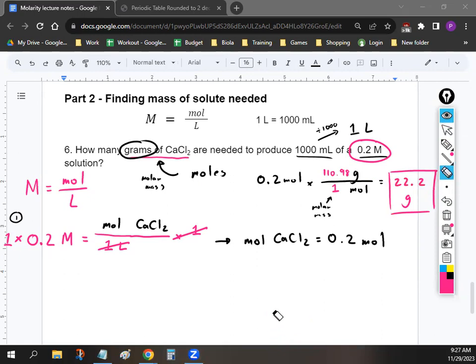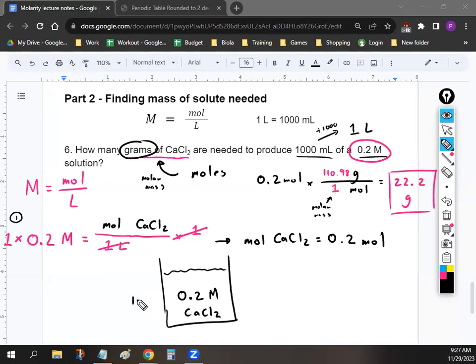All right, so what all these calculations are basically telling us is that if you want to make a solution, so let's say, and this is what we're going to be doing in our future labs, let's say you're trying to make a solution that is 0.2 molarity. Okay, CaCl2. And the size of the container or the solution is 1,000 milliliters. Well, in order to make that, what you need to do is you need to put in 22.2 grams of CaCl2 and then just fill up the solution to 1,000.